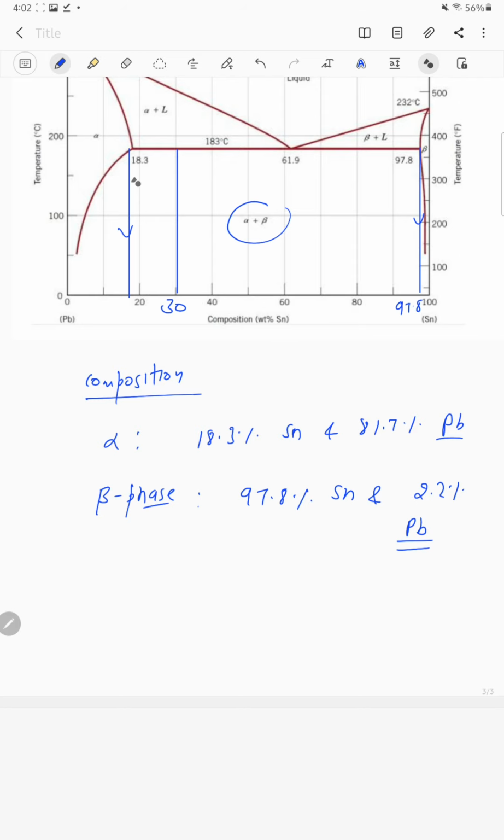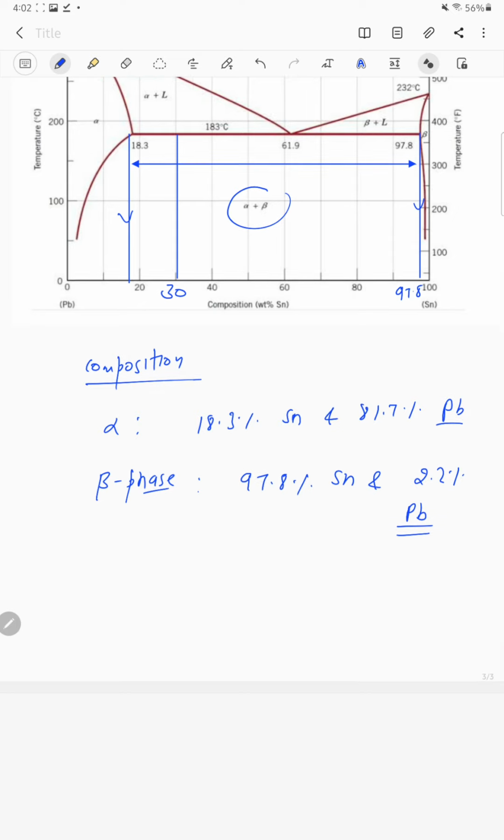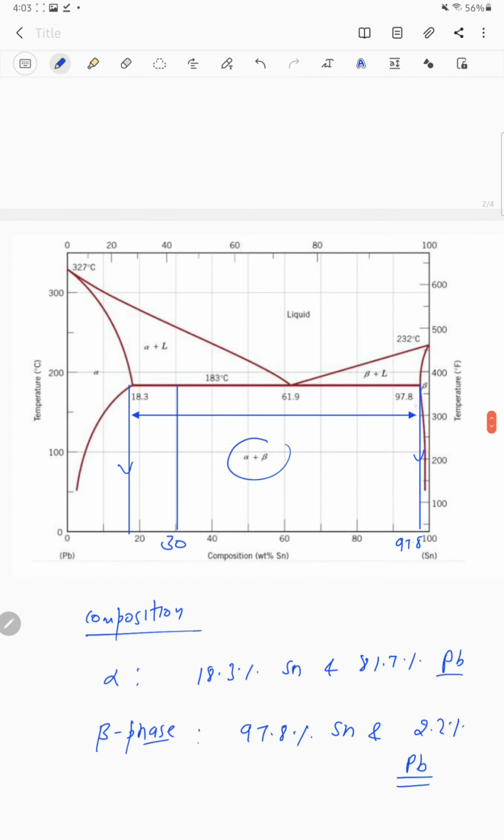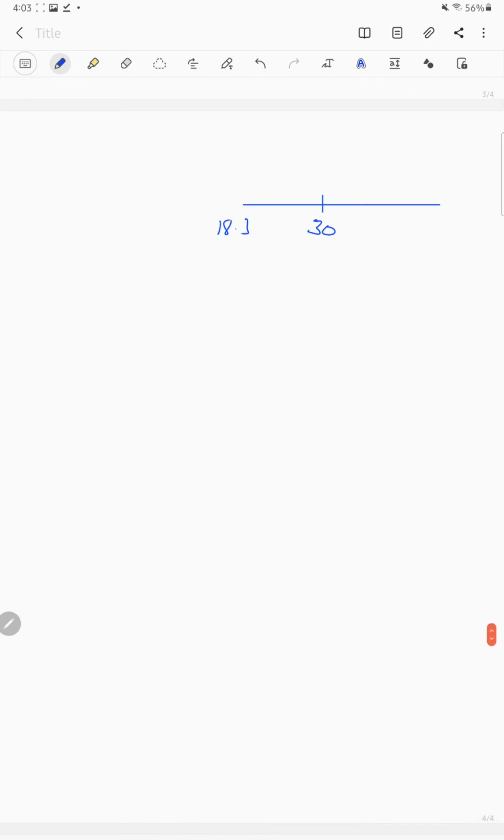For the relative amount, the weight percentage, we will draw a horizontal line like this. I am drawing it separately. So this is 30, this is 18.3, and for beta, this is 97.8.